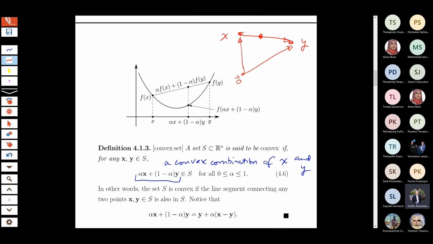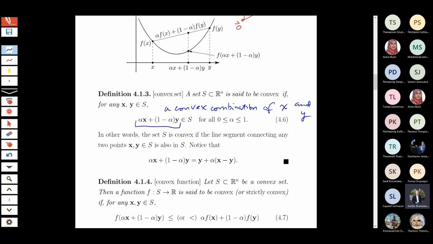From this you may not see that, but maybe I have to change this figure a little bit to the vectors y and x. We find that alpha x plus 1 minus alpha y can be rewritten as y plus alpha times x minus y.